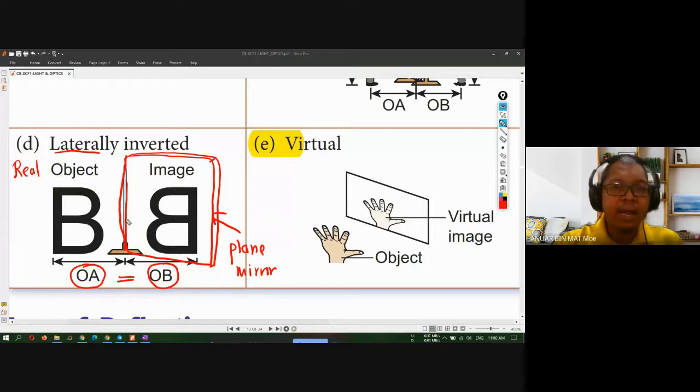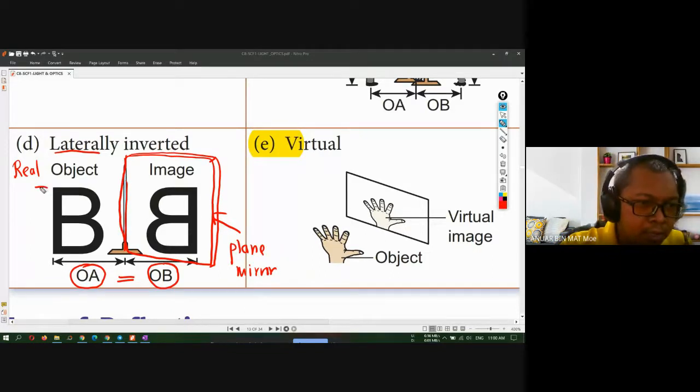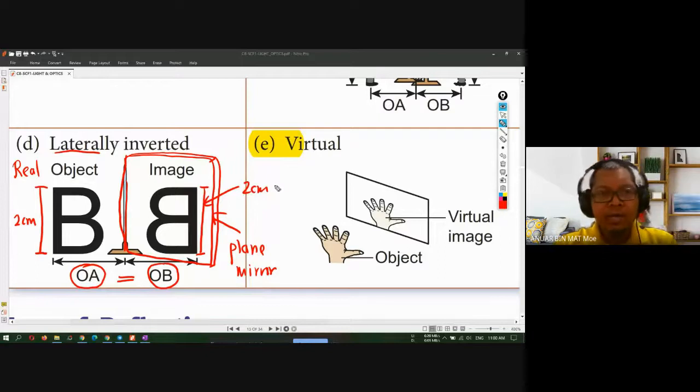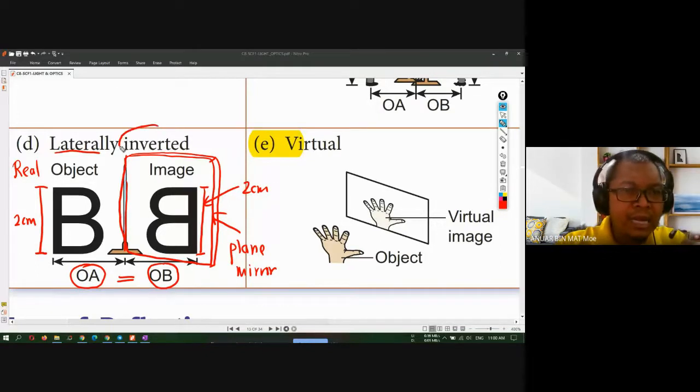Okay, and the size is always same. Can you see the size here? For example, if the height of the real object B is 2 centimeter, then of course the size of the image formed is also 2 centimeter. But the only difference is what we call laterally inverted, meaning it is reversed.